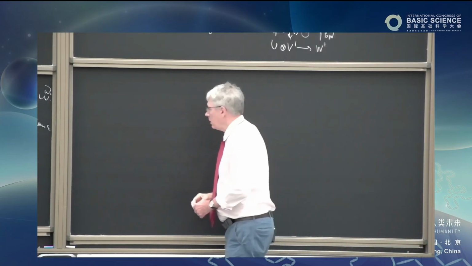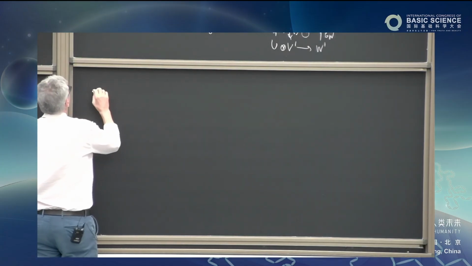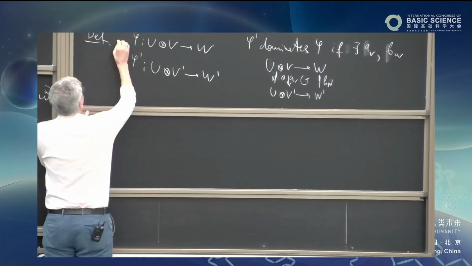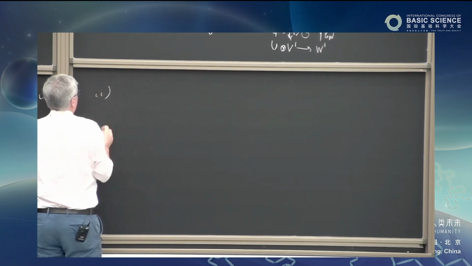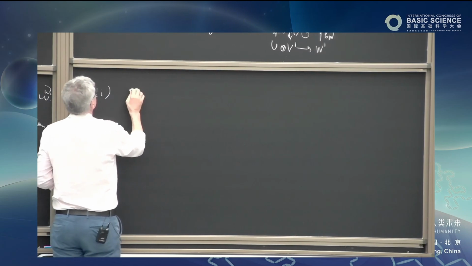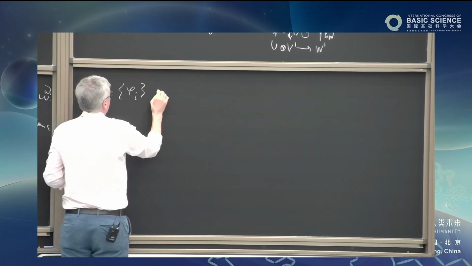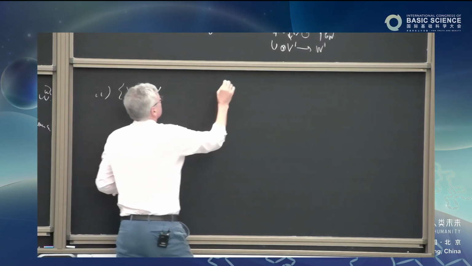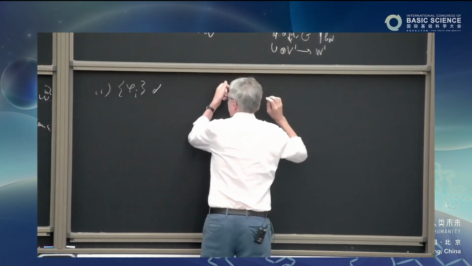Now, also if I have several tensors, it's an extension. If I have several tensors phi i, then the family dominates. This was the definition of domination.